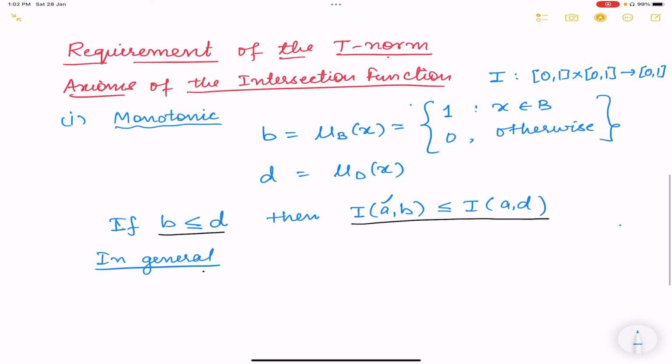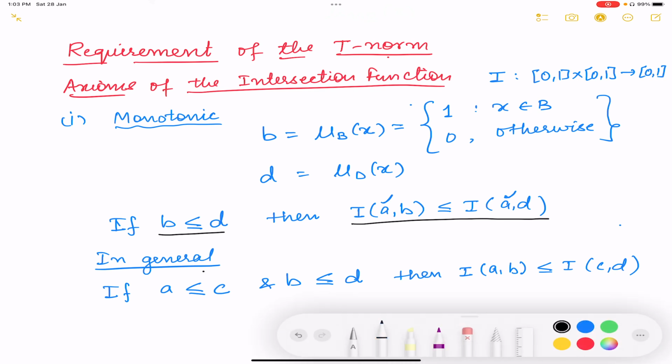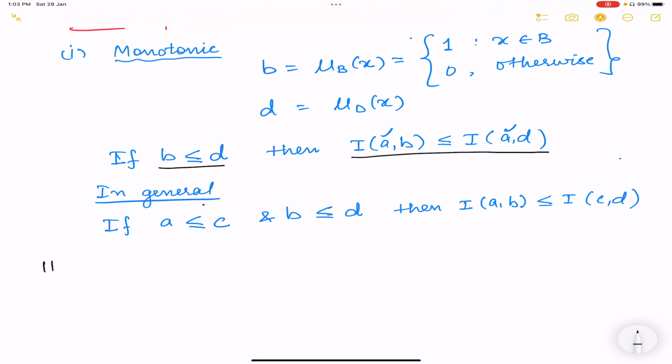Here A was fixed; this time we are not going to fix A. We say that if the membership grade of A is less than or equal to C and the membership grade of B is less than or equal to D, then the intersection function, that is in the classical way the intersection of AB, is less than or equal to the intersection of CD. Right? The second property we are going to take is commutativity.